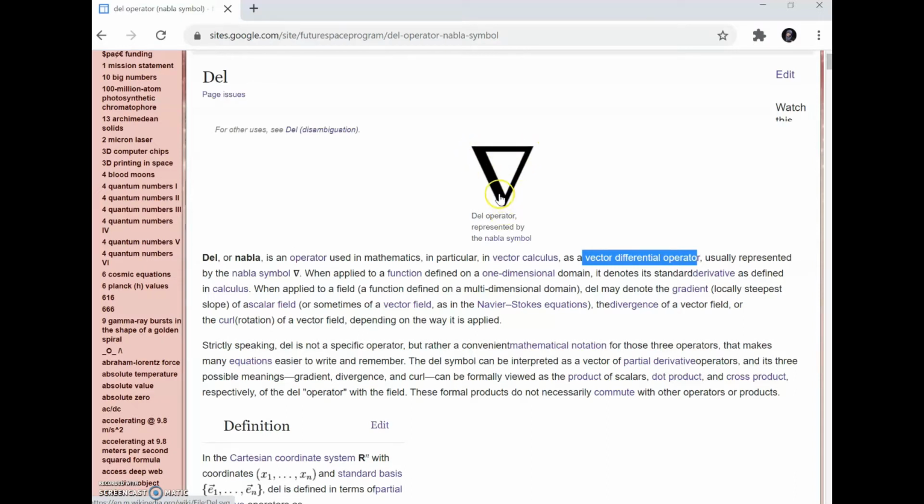So in short, the nabla or del is an operator to differentiate a vector function, or it can also be said as a vector differential operator. So that is the introduction of del or nabla.